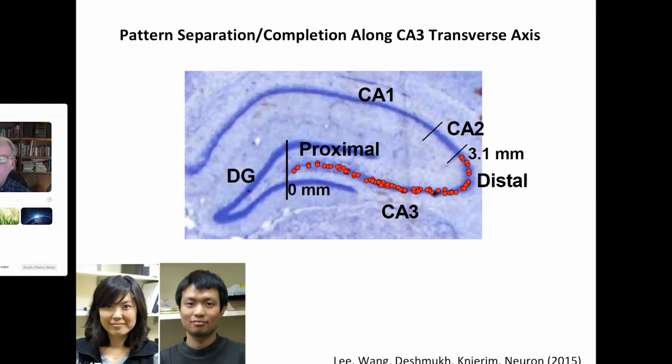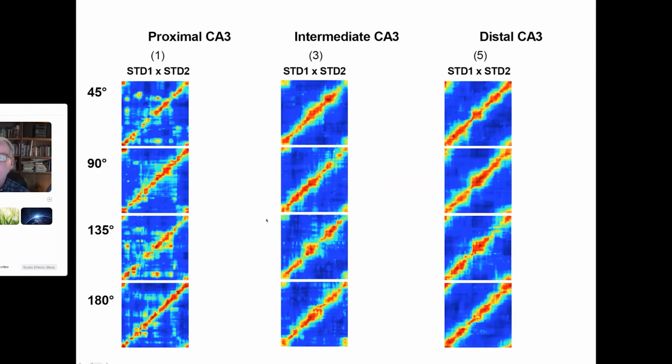So Heekyung Lee and Chung Wang teamed up to do this experiment where they recorded along the proximal distal axis of CA3, all the dots of the different recording sites over 5 or 6 animals, and did similar correlation matrices like I showed you earlier.